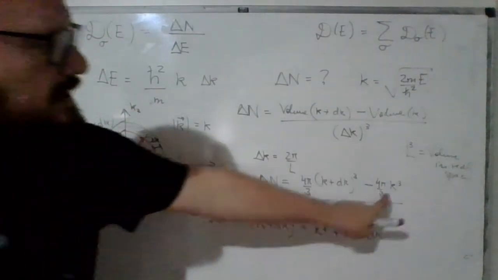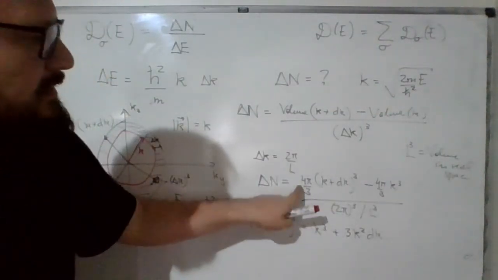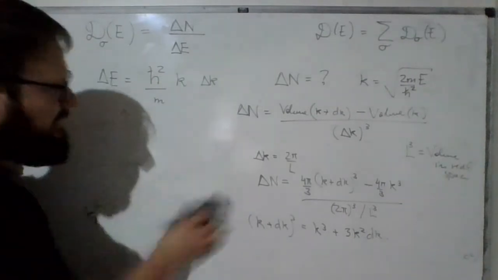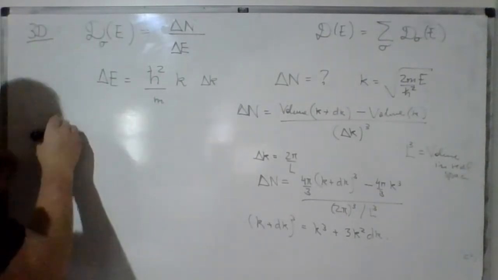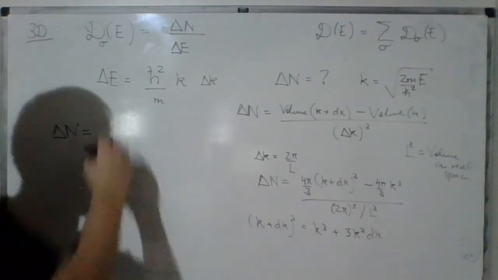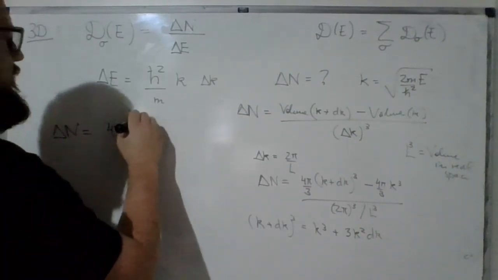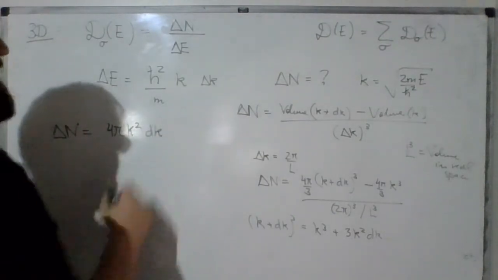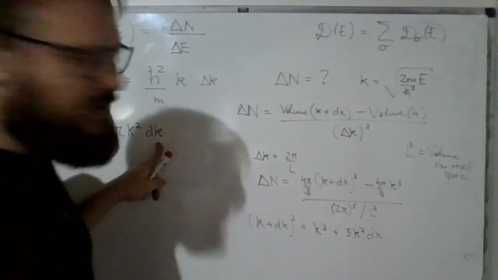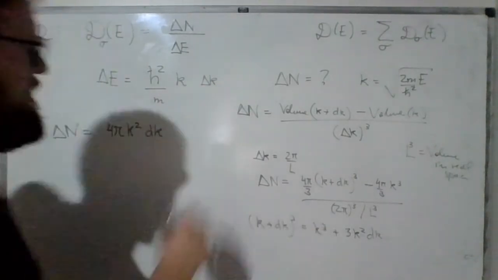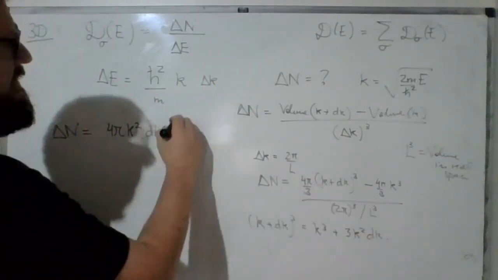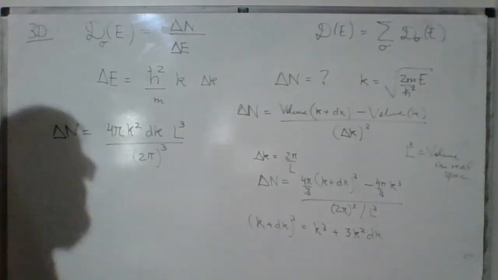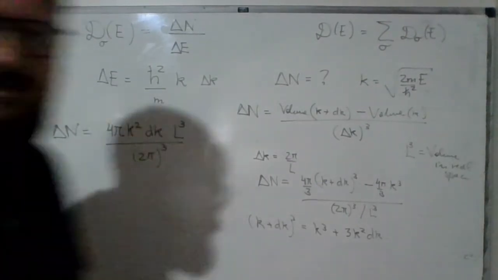And this k cubed cancels the other k cubed, this 3 cancels this 1 over 3, and we will have the following relation: delta n is equal to 4 pi k squared dk, which is to be considered an infinitesimal, divided by this factor, which when we invert the order, is L cubed divided by (2 pi) cubed.